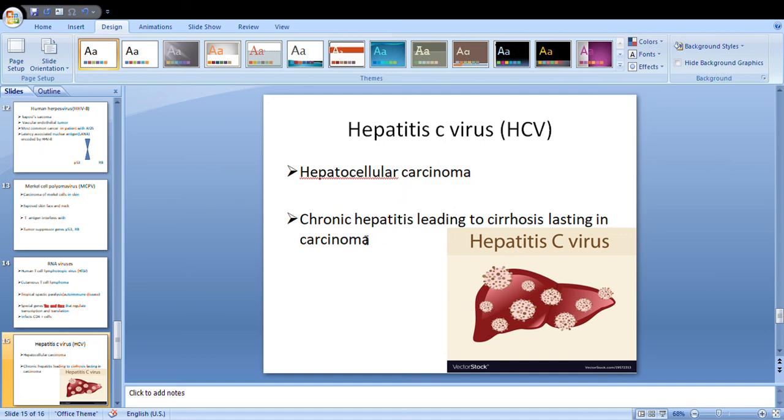It causes chronic hepatitis, which will lead to cirrhosis and end in carcinoma. So B and C both are causative agents of hepatocellular carcinoma.